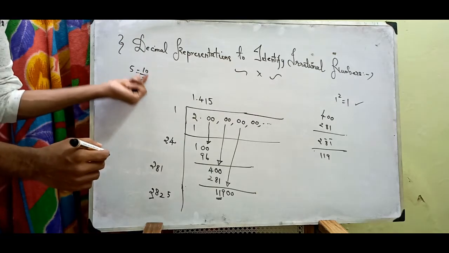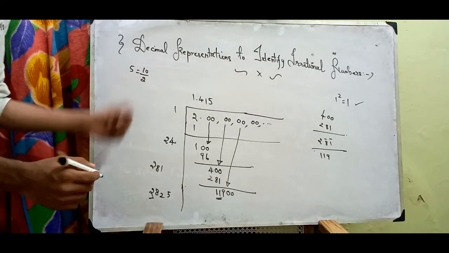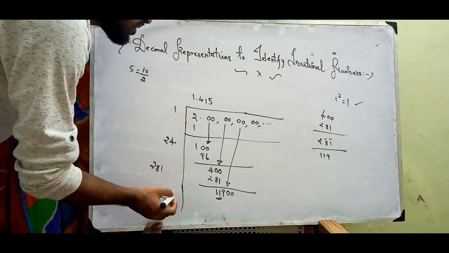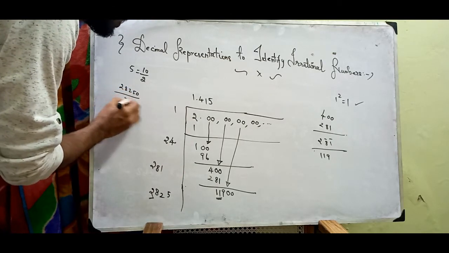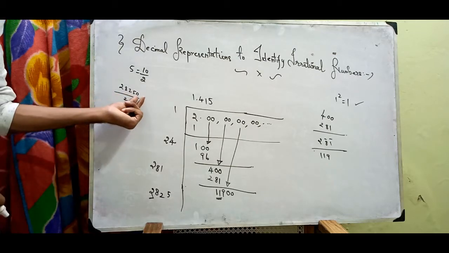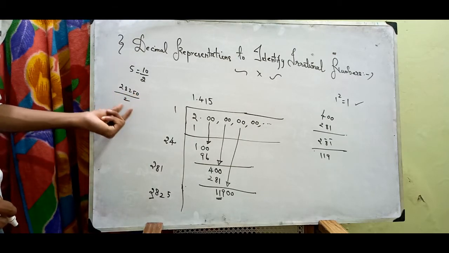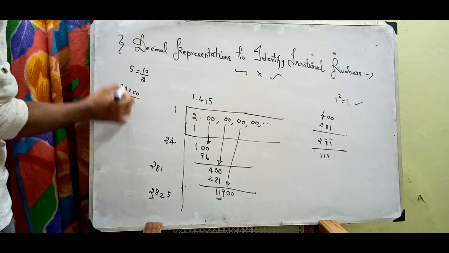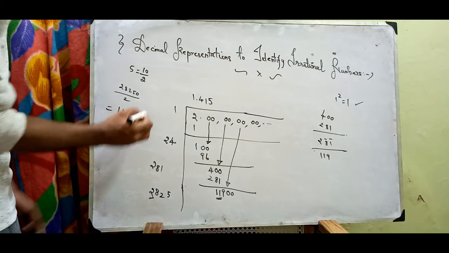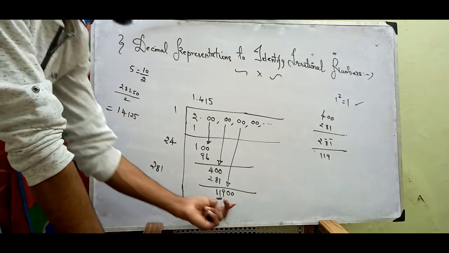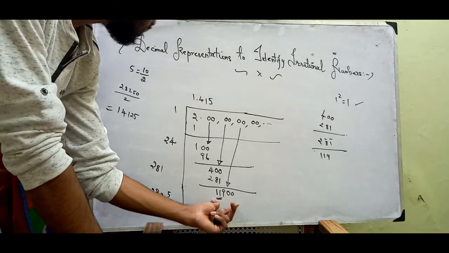So what I'm doing here is adding a 0 after the 5, 28250, and dividing it by 2, and this will be nothing but 14125.